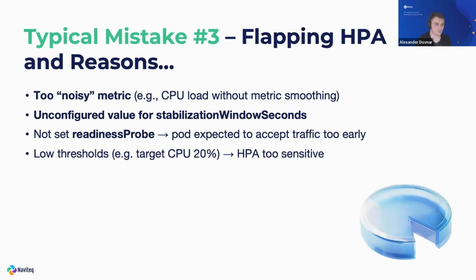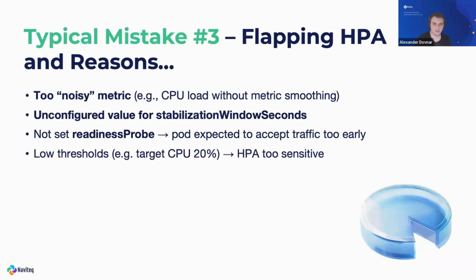While those probes are failing, Kubernetes won't route traffic to those pods, won't decide that those pods are ready, and won't include the metrics of those pods in the total metric of the HPA settings. So an ideal readiness probe shouldn't be just healthz, whatever.